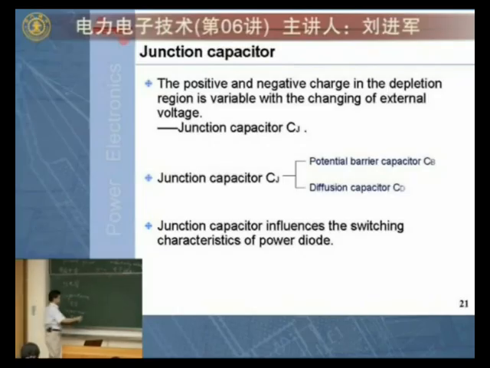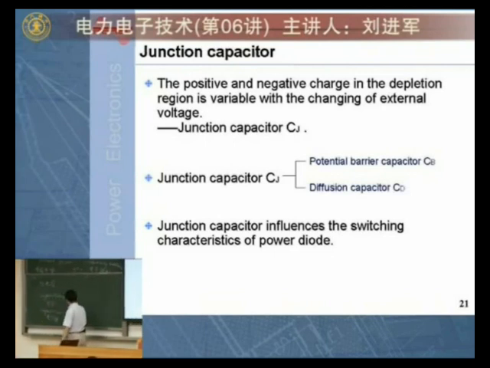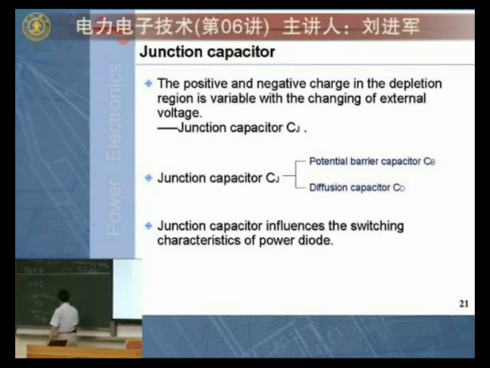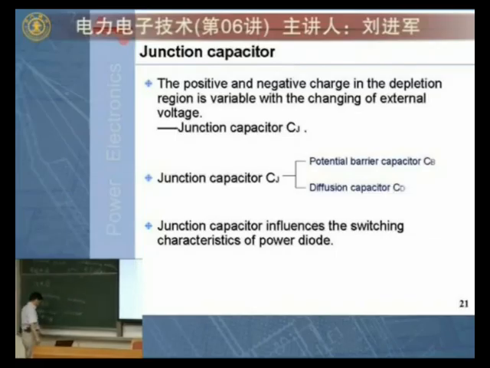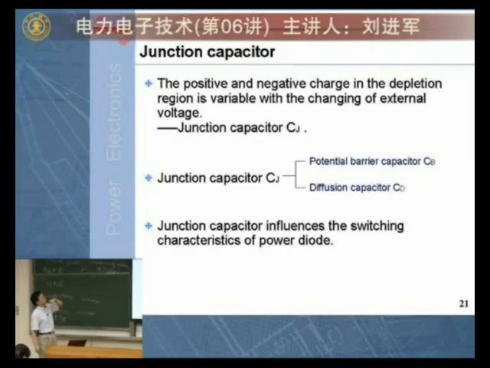It's just similar to when we say resistor and resistance. That's the same. I will not get into details.